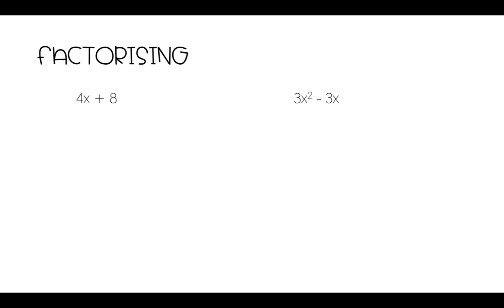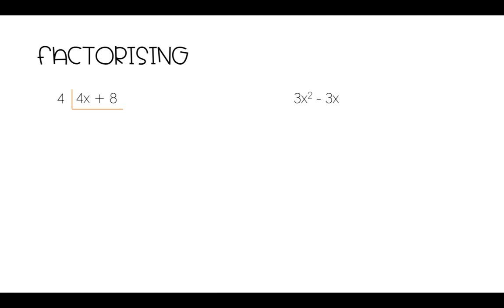Okay, let's look at how we factorise. What we're trying to do is find the highest common factor and remove that from our expression and put it outside our brackets. So 4x plus 8. The first thing I do is draw a box around it. And I'm going to say, what can I divide 4x and 8 by? Well, both of those can be divided by 4.